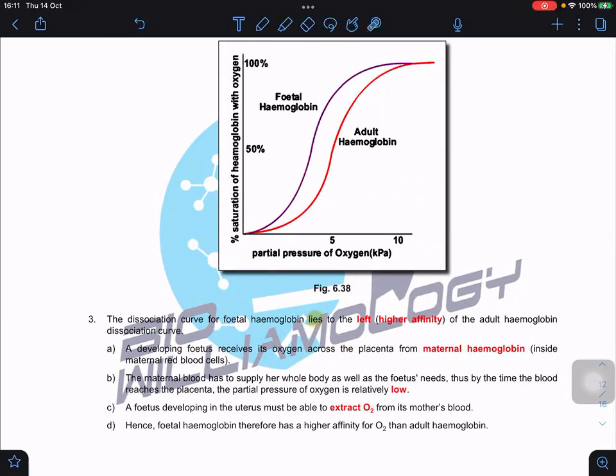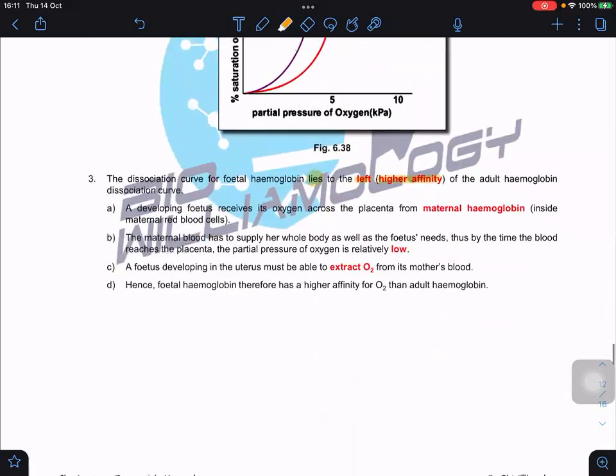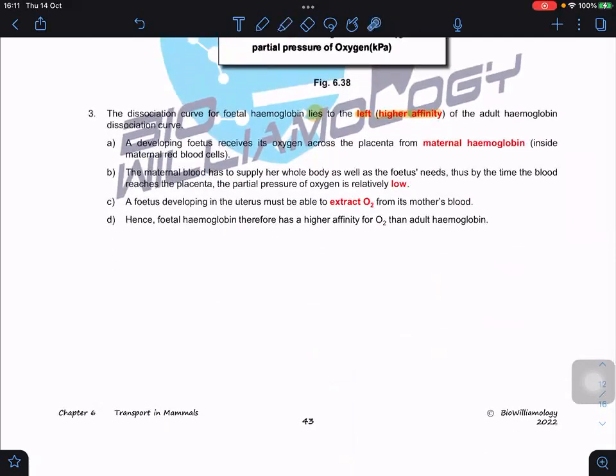To the left basically means higher affinity. Why must it be higher in this case? Because a developing fetus can only receive oxygen across the placenta from the maternal hemoglobin. Are you clear? This maternal hemoglobin means adult hemoglobin.